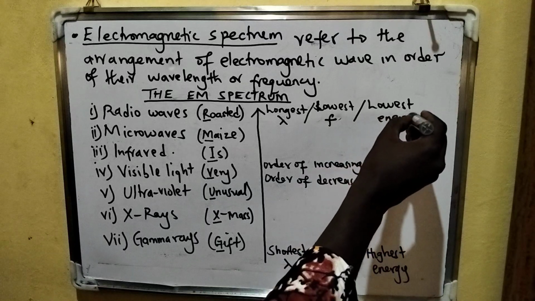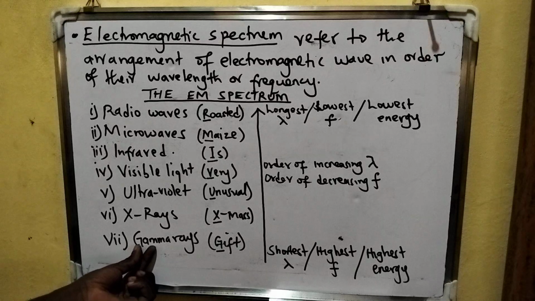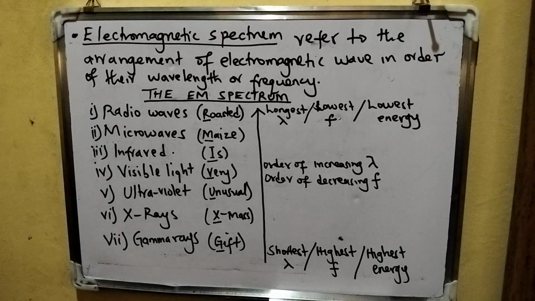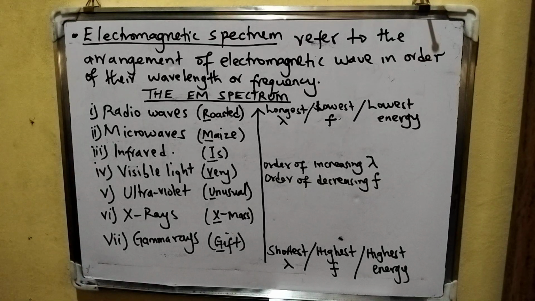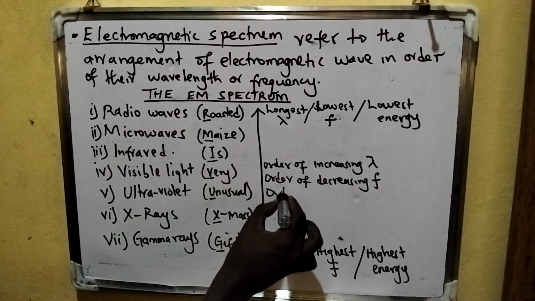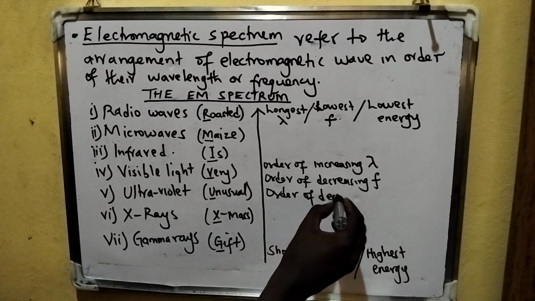So in terms of the energy content, students, we have gamma rays being the most energetic and radio waves being the least energetic. That therefore makes us understand that gamma rays are more dangerous because they have a very high energy content. So this arrow also means the order of decreasing energy.